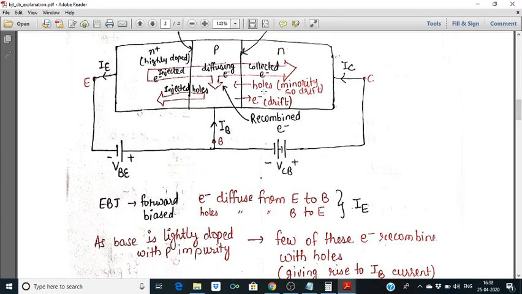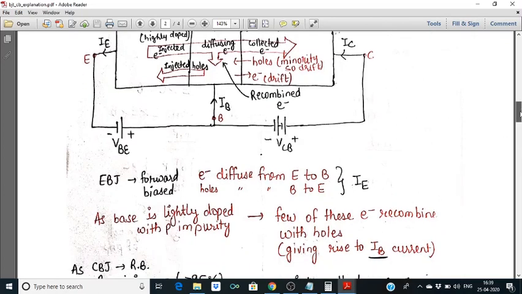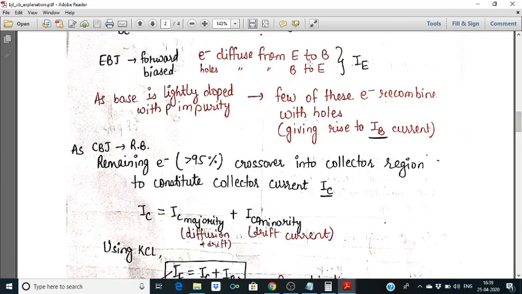There is also some reverse bias current here due to minority charge carrier movement. Holes from the N side will move to the base, and electrons from the base will move to the collector region. So there will be a minority current also, due to drift. Due to forward biasing, diffusion current will be there. With a forward biased EBJ, we get the emitter current.